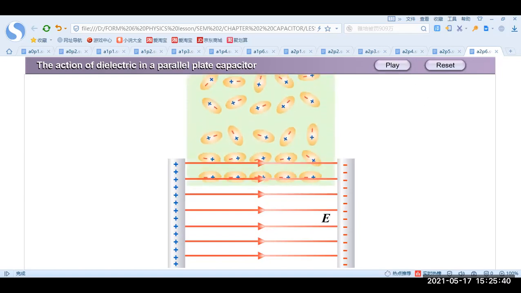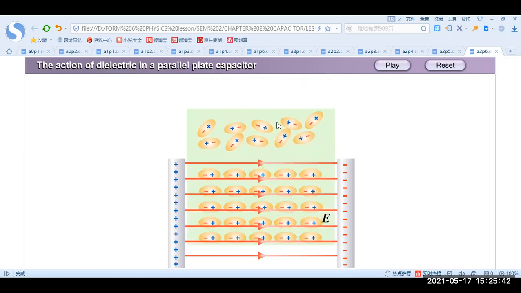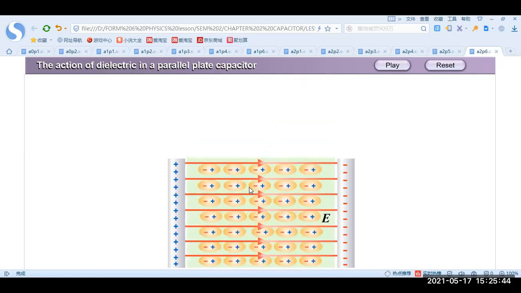What happens when we put a neutral molecule in between, with one positive and one negative charge together, which means neutral? Once we put it in, it will be arranged. The positive will go to one side and attract the negative against it.